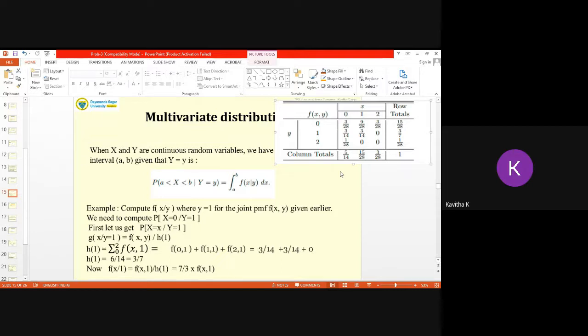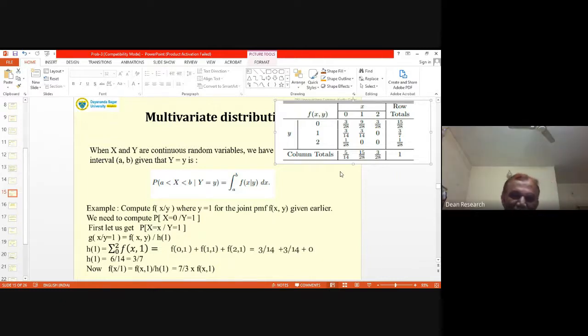Here it says x is 0 and y is 1. If you look row wise, under 0 it is 3 by 14, under 1 it is 3 by 14, and under 2 it is 0. So the total is 3 by 14 plus 3 by 14 plus 0. Taking LCM, you get 3 by 7. Good. I think that everybody has got that, right? It is simple, not difficult.